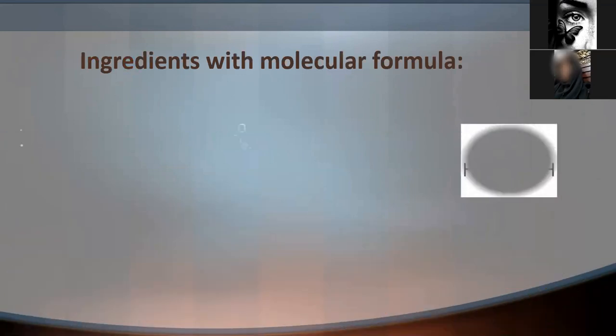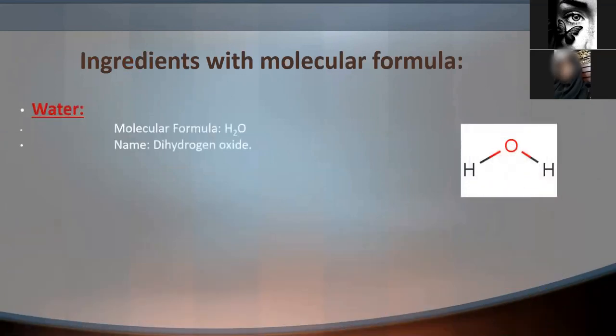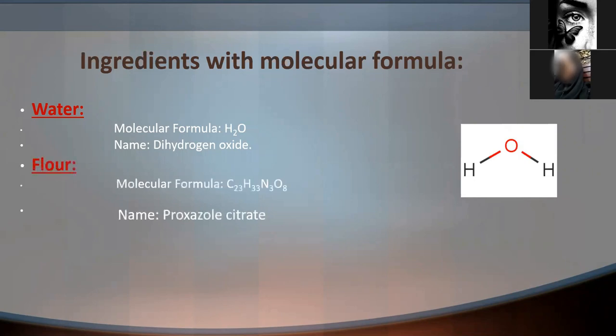Ingredients with molecular formula. Here are the molecular formulas of the ingredients which are used in Play-Doh. Water, molecular formula H2O, named dihydrogen oxide. Flour, and its formula is C23H33O8.